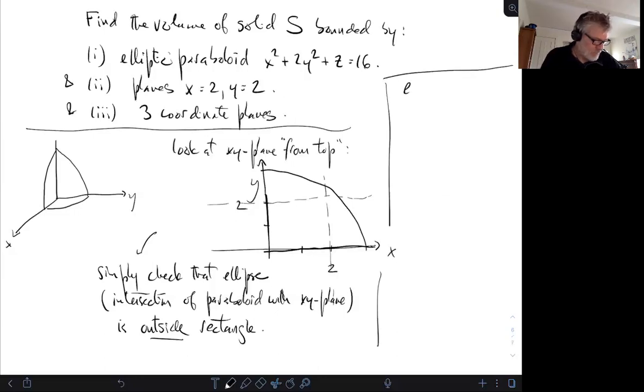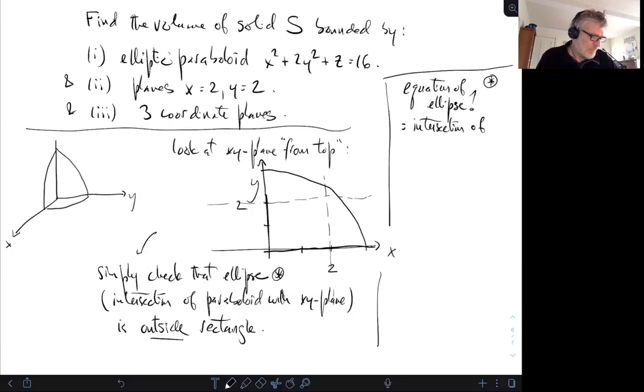Okay, so this ellipse here, star, right? How do you find that? What is this ellipse? It is the intersection of your paraboloid with the xy plane, right? So this is the intersection of x squared plus 2y squared plus z equals 16 with the xy plane.